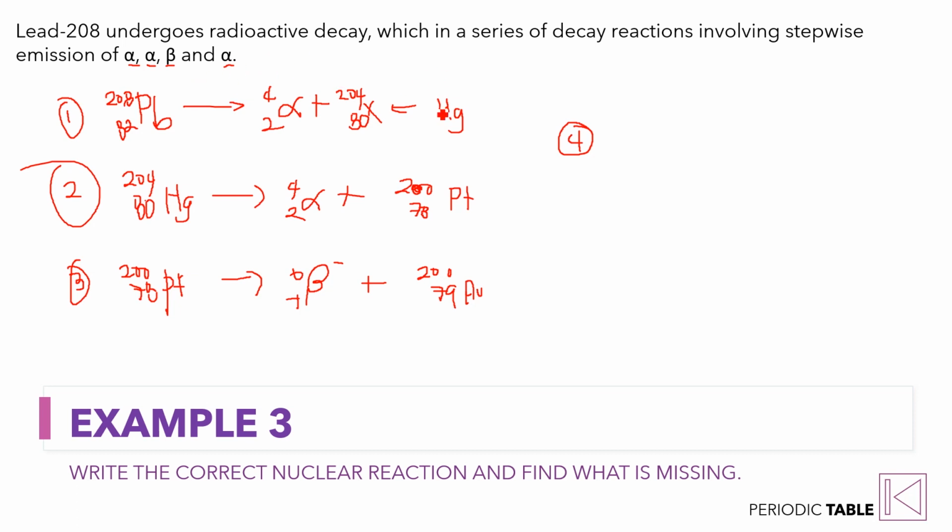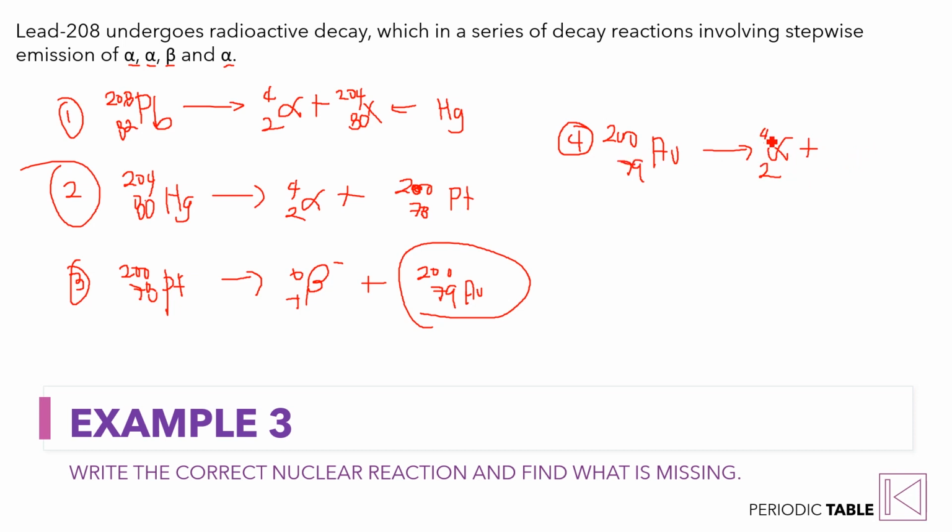So, next is alpha decay. So, we are starting with the gold one here. So, the gold is 279 gold. Alpha emissions 42 plus anong product kaya ang ating mabubuo?